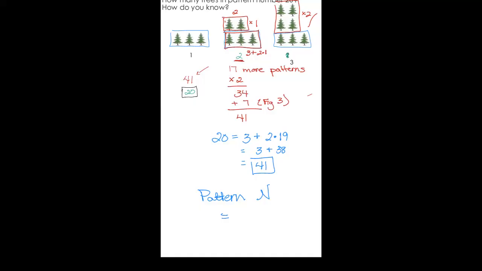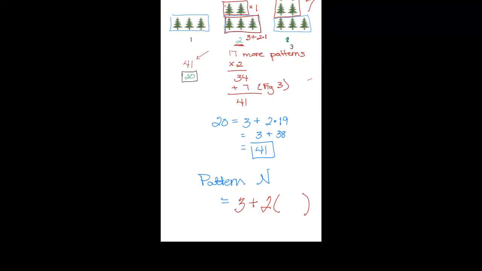What do we know that's true for all of them? 3 on the bottom, plus 2, and in the case where I did it, 2 times what? What's 1 less than N? What's 1 less than N? No? 1 less than N. How would you write that algebraically?